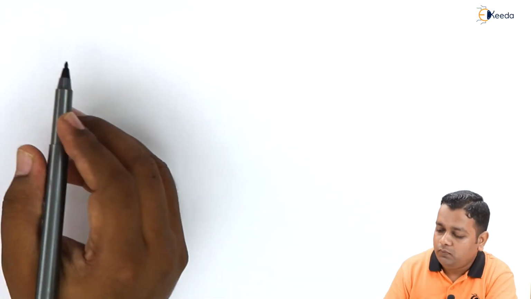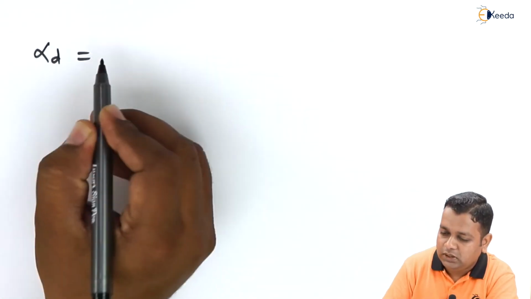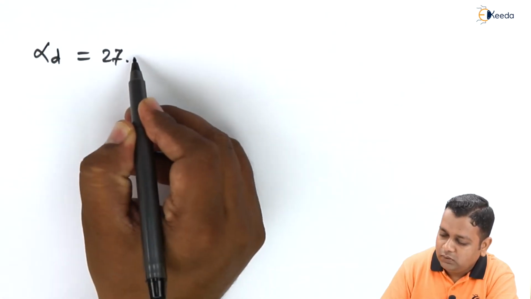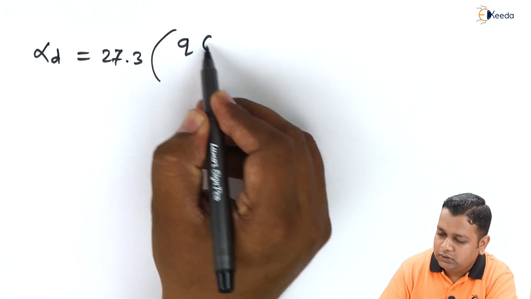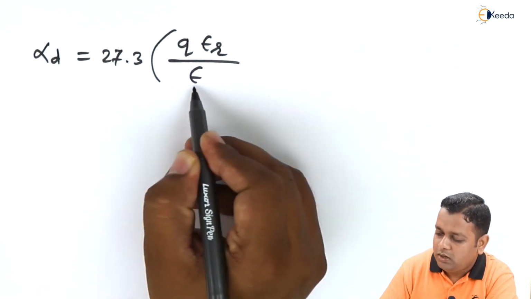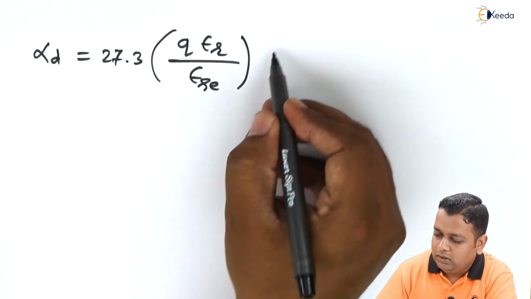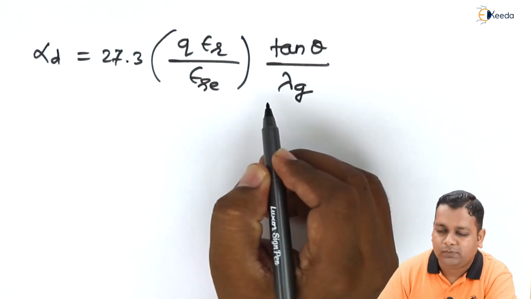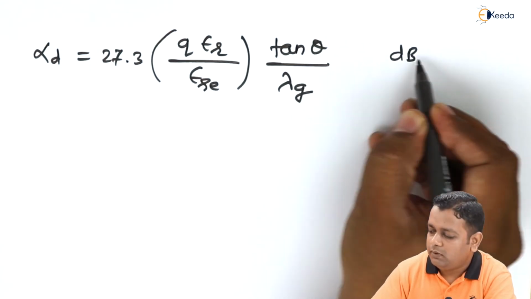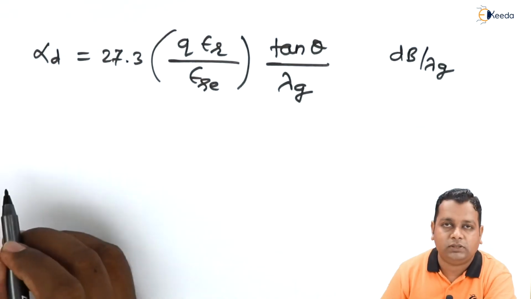So in general representation, considering the overall situations corresponding to the transmission with the microstrip line here, we have the representation alpha suffix d is equal to 27.3 in multiplication to q times epsilon r divided by epsilon Re into the tan theta divided by lambda suffix g in terms of decibels per lambda suffix g here.